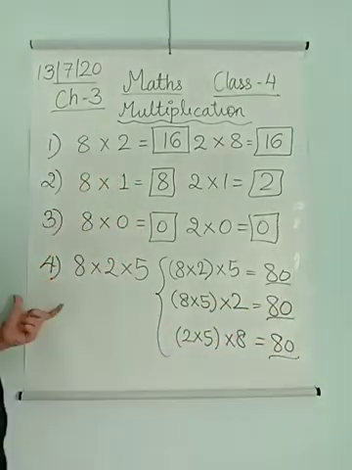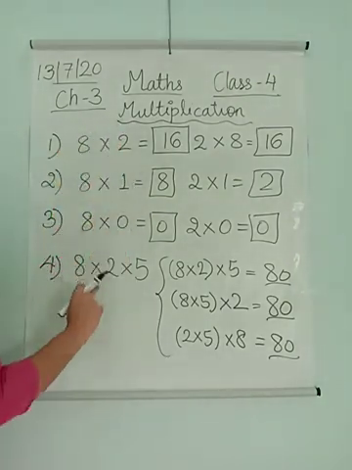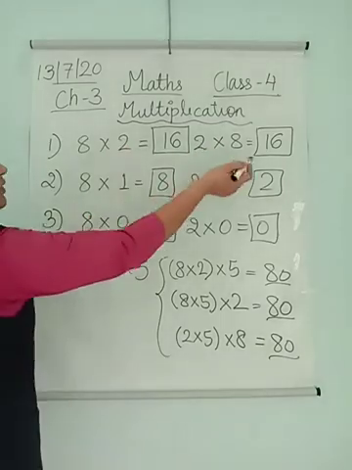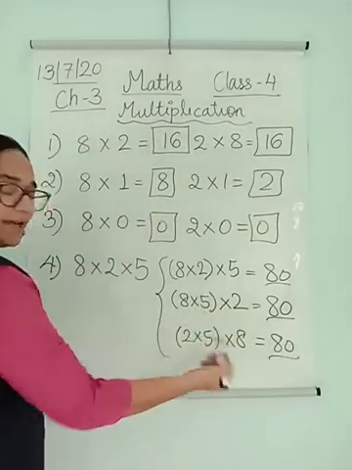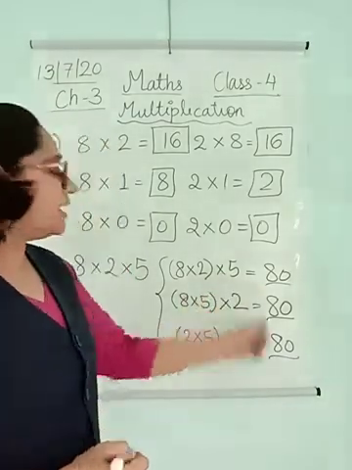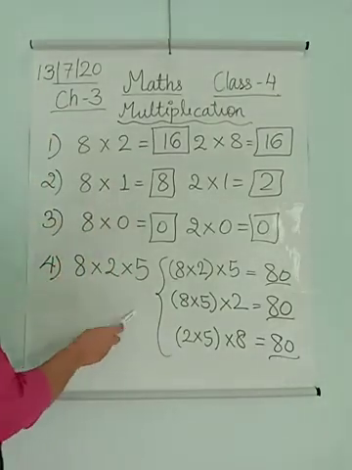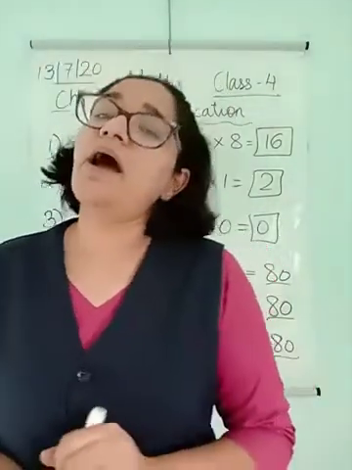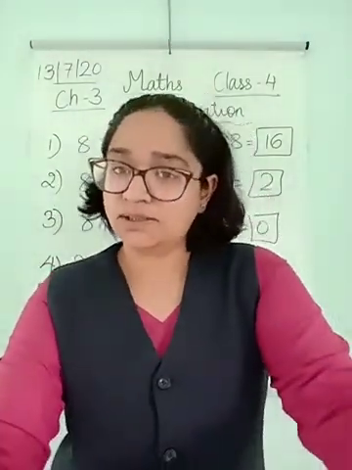This is our fourth property. It is similar to the first property: whichever way you write it, front or back, or whichever number you multiply first, the answer is the same. These are the 4 properties of multiplication which you have to learn by heart and remember.